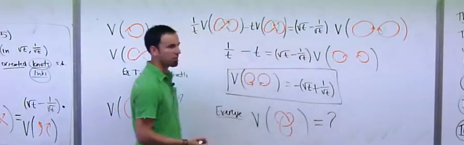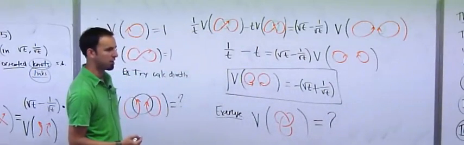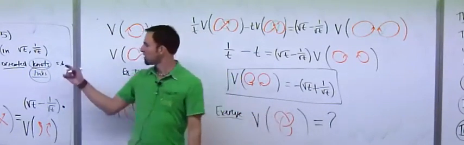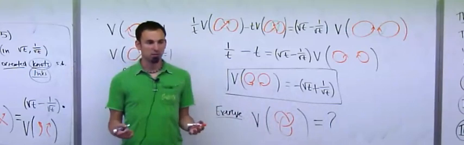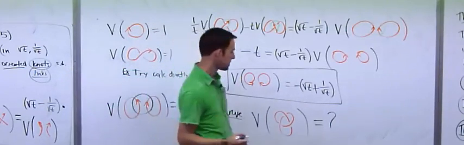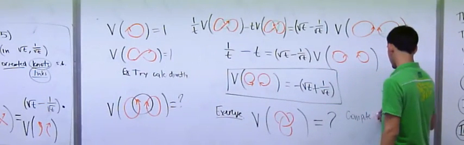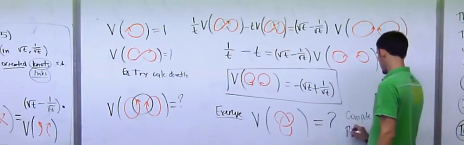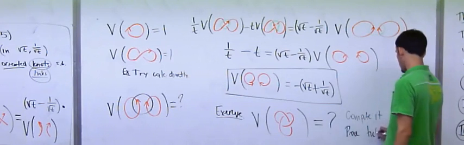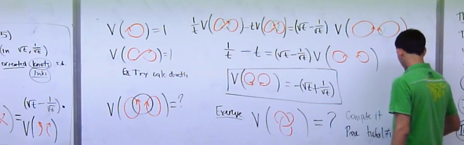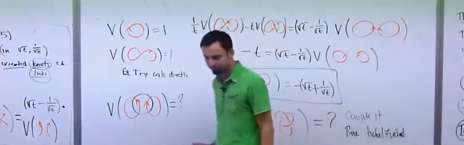Show that it's not 1. And by showing that it's not 1, you're going to show that actually the trefoil knot and the unknot really are different and they deserve different names. Compute and prove that the trefoil is not equivalent to the unknot. Okay.